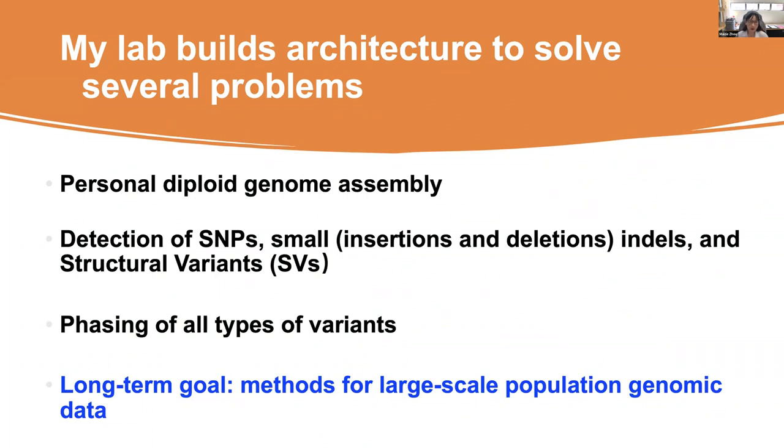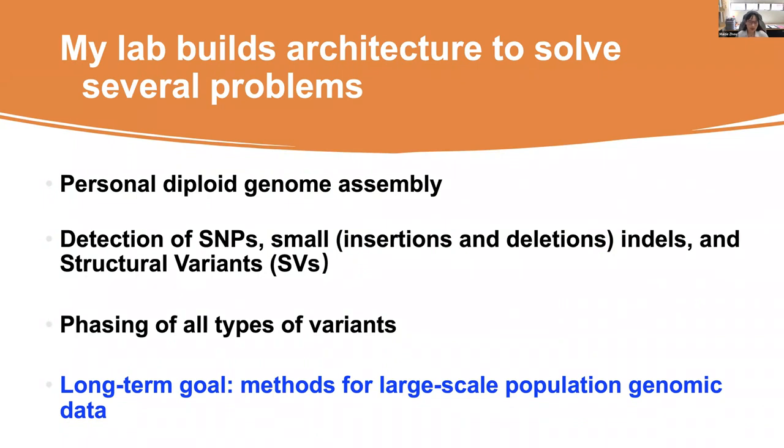So my lab basically uses all different technologies, short reads, linked reads, and long reads, to build architectures to solve several problems. First, how to generate a personal diploid genome assembly, and then how we detect SNPs, small indels, and large structural variants. And then after we do the genotyping, how we phase all types of variants.